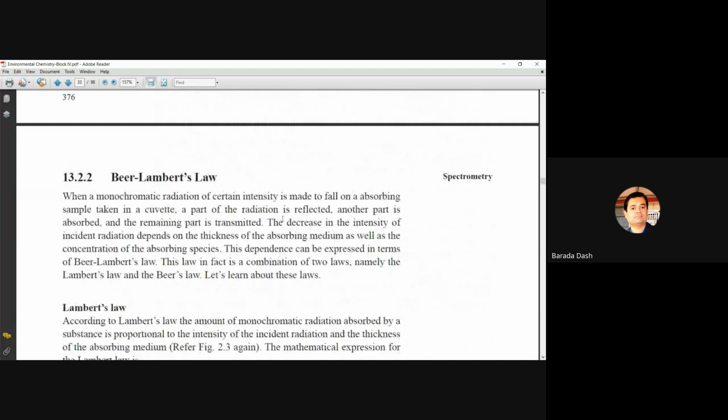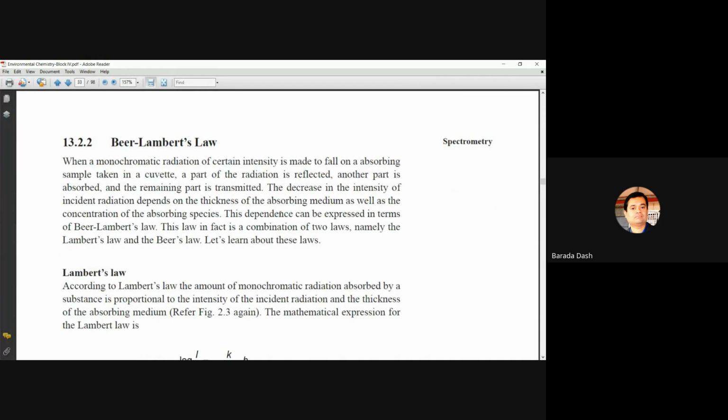So how do you quantify how much incident radiation is absorbed? That is basically governed by Beer-Lambert's law.